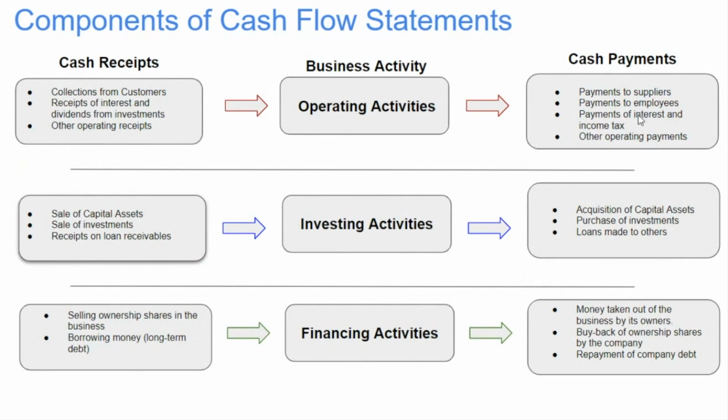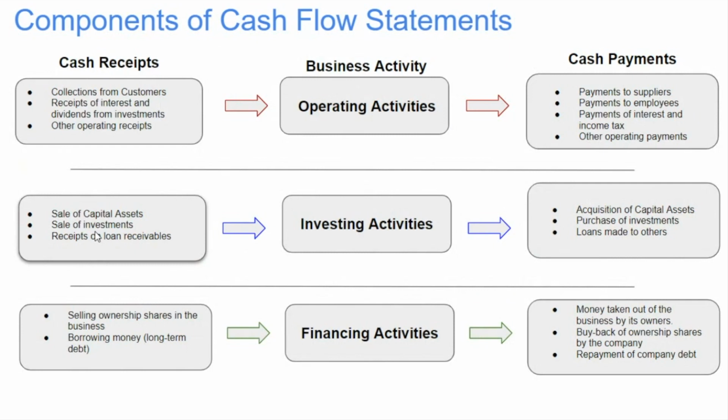These are what would be considered normal receipts from operations. Normal expenses from operations would be payments to suppliers. You're paying someone for the stuff you bought from them. Payments to employees, wages and salaries. Payments in interest and income tax, and other operating payments. So, money coming in, money going out. That's going to be reflected in this component called the operating.